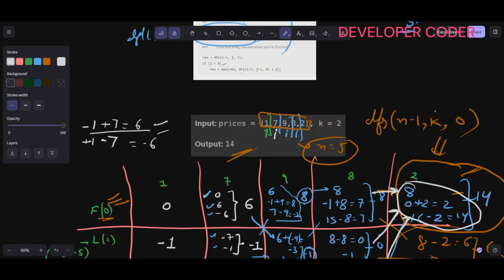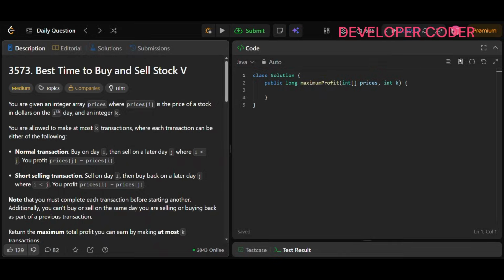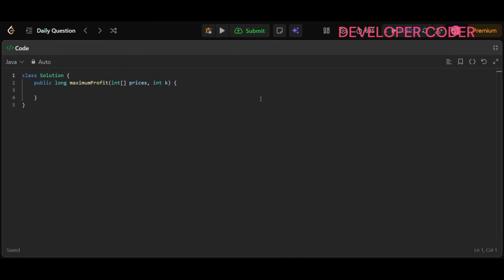So now let's write the code. Let's not waste much time here. It's very simple, whatever I explained I will do the same thing here. First thing, let's use these prices globally.